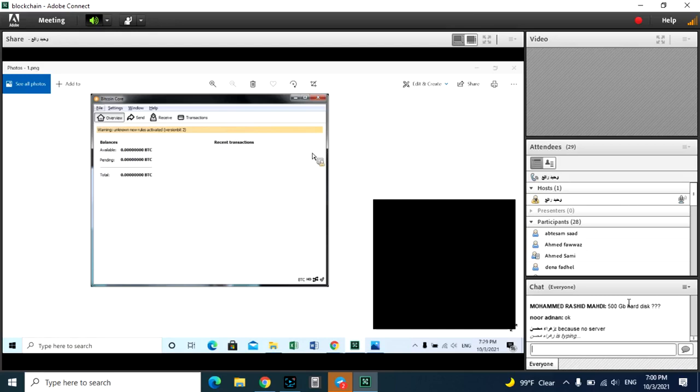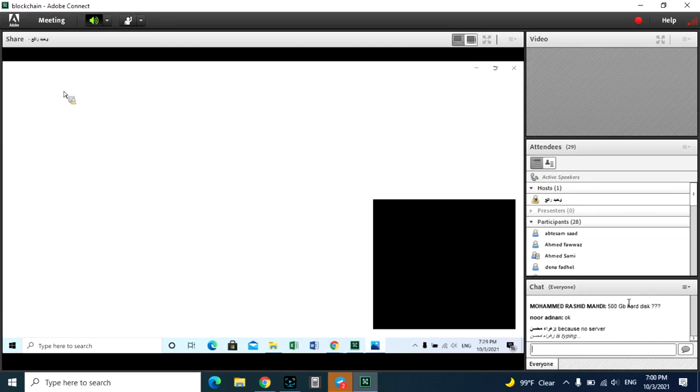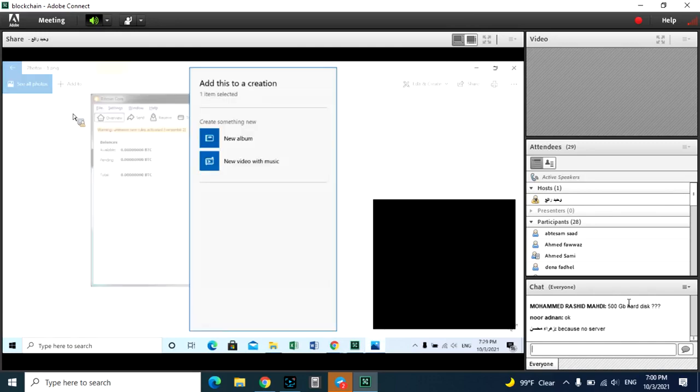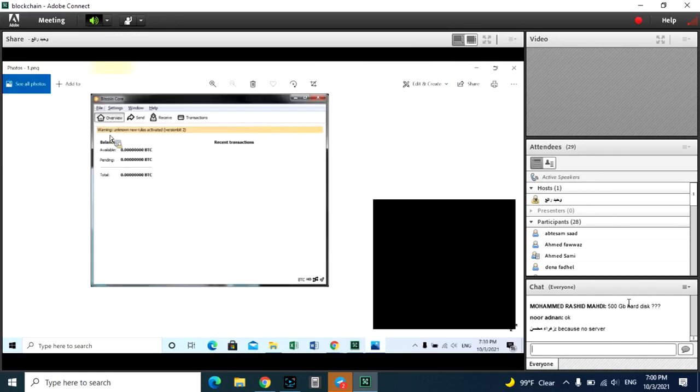By this software, you can create a wallet address.